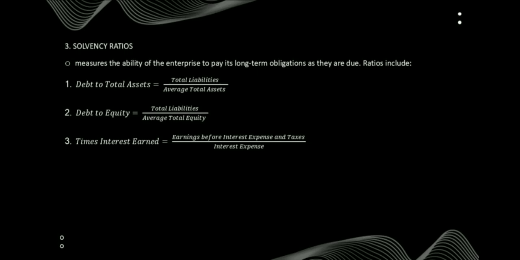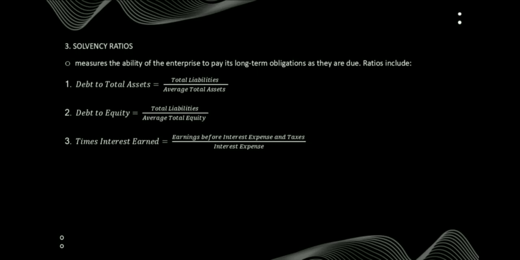Let's compute the average total assets by combining the beginning and ending total assets and divide it into 2, which we got 500,000 pesos average total assets. To get the debt to total assets, we have to divide the 200,000 pesos liabilities to the 500,000 pesos average total assets, which is equals to 0.4 or 40%.